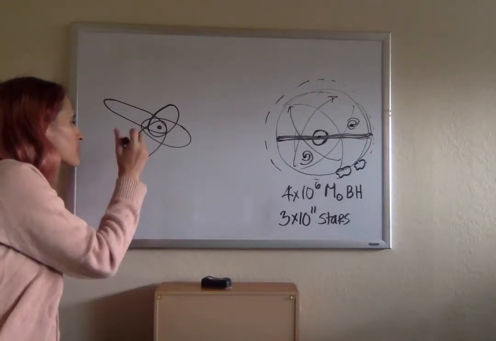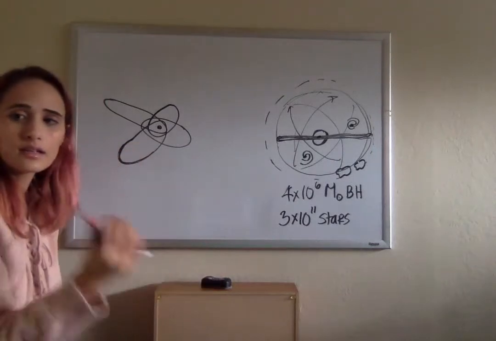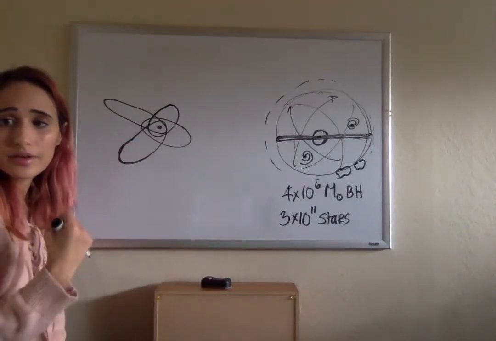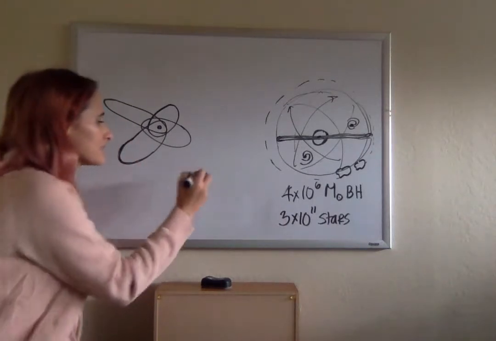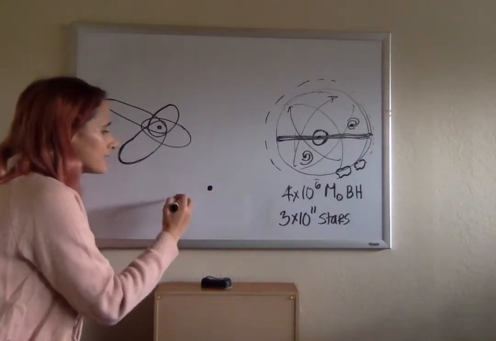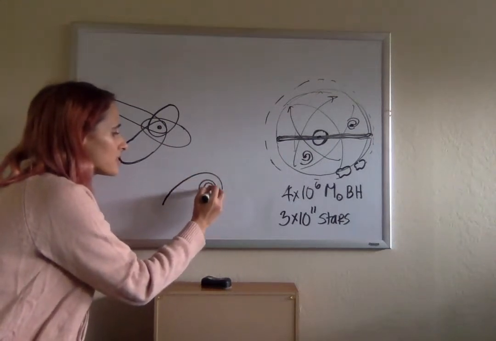But not all black holes in the center of galaxies are just hanging out there. A lot of them are actually sucking in matter. They're accreting. What happens when a black hole is pulling gas in is that gas comes in and spirals around before it falls in.